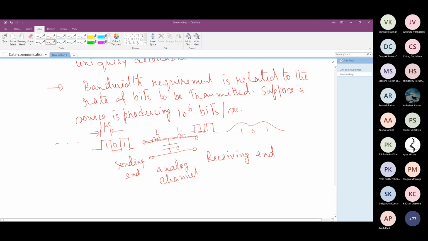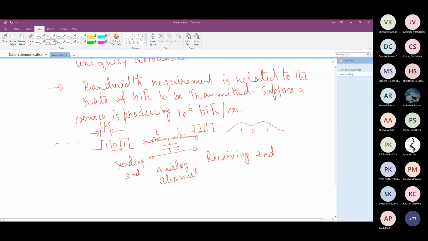So that also may be limited, maybe an amplifier, maybe other kinds of devices, a filter, etc. So those may limit the bandwidth. So overall, digital bandwidth is the bit rate. Bit rate is the bandwidth.